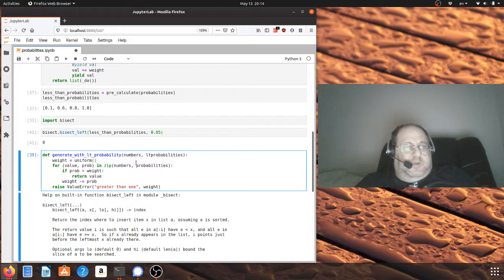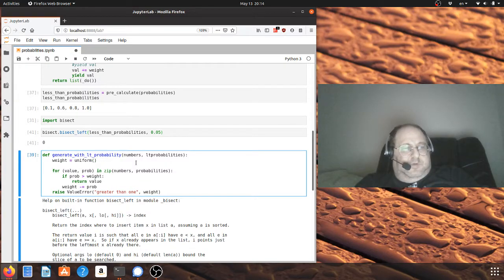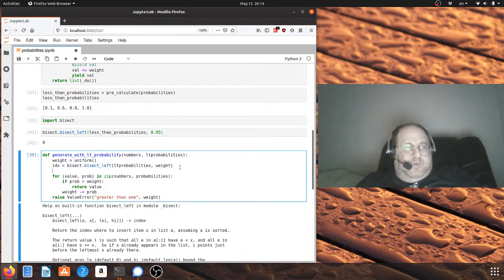Then now all we need to do is just do bisect left LT probabilities, wait. Bloop, bloop, bloop. Okay, so that's IDX. And now we just do return number of IDX.